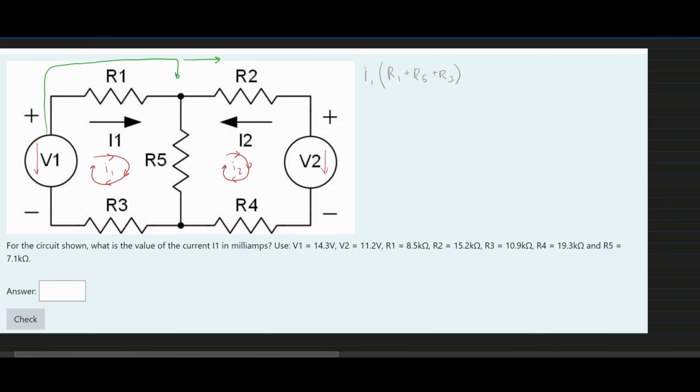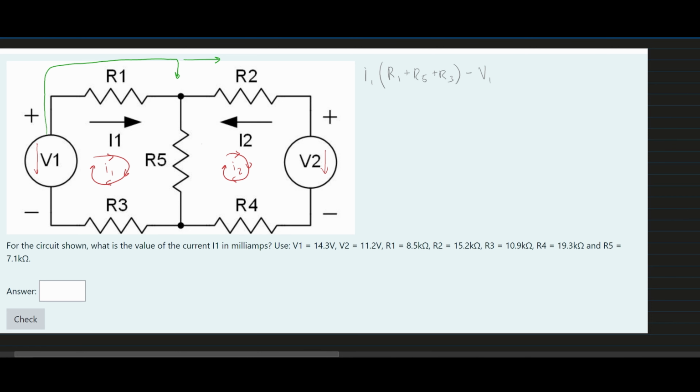Now, the voltage is going in the opposite direction of our current. We can see that they're going against each other, so we're going to do minus V1. Since it's a minus for V1, it is going to be subtracted from here. And just like node voltage, we're going to set all of this equal to 0 when we're done.